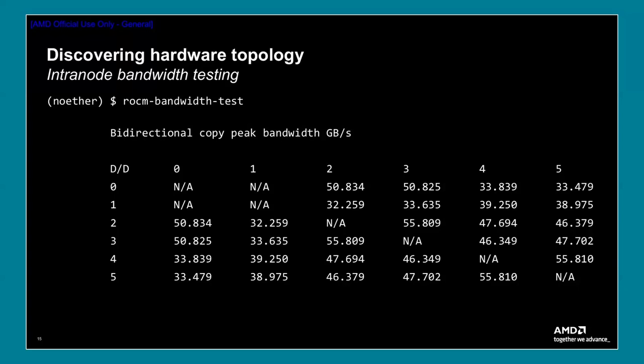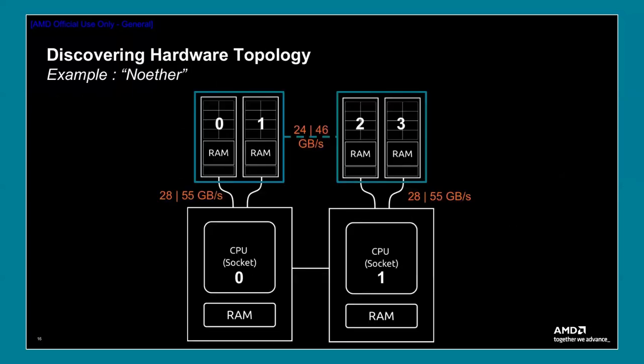Now, I'm painting this picture so we can end up with a simple diagram like this. I've gone through ROCm SMI show topo. I have some understanding of what the topology looks like. I have 2 NUMA domains here. I have GPU 0 and 1 connected to NUMA domain 0.